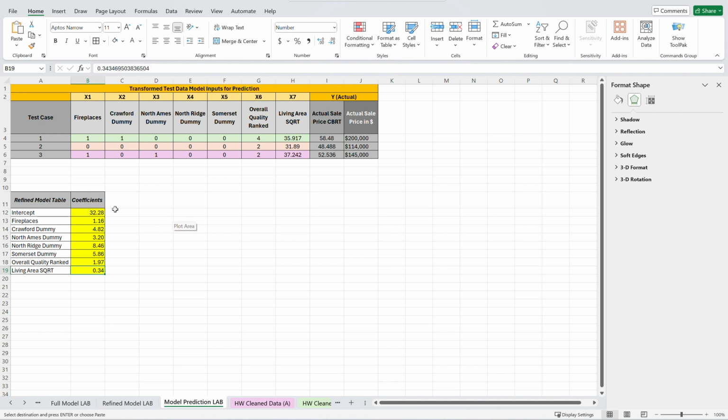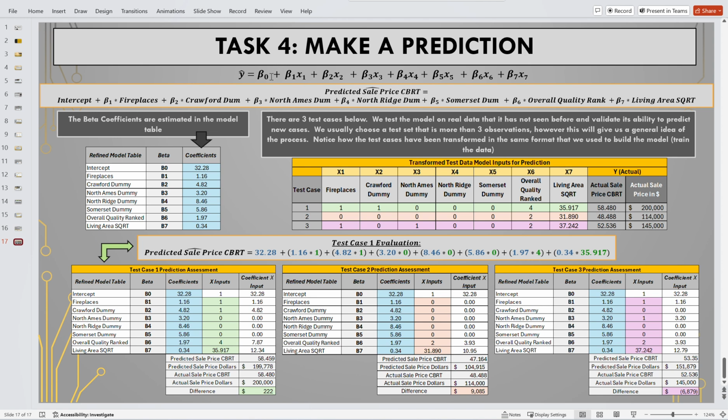Now to do test case 1, this intercept value, if you look at the equation, is not actually multiplied by anything. So if we multiply it by 1, then it will remain the same. I think we can all agree if we multiply 32.28 times 1, then that would also equal 32.28.